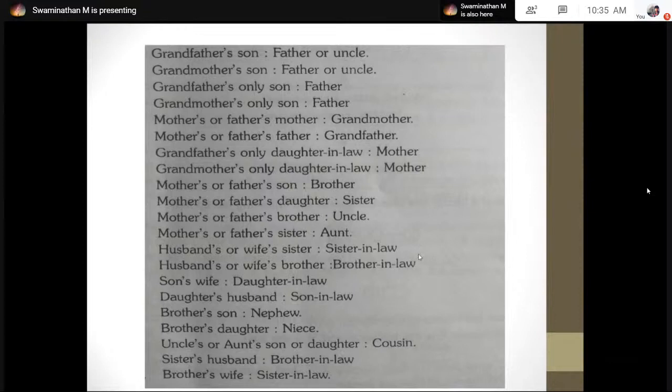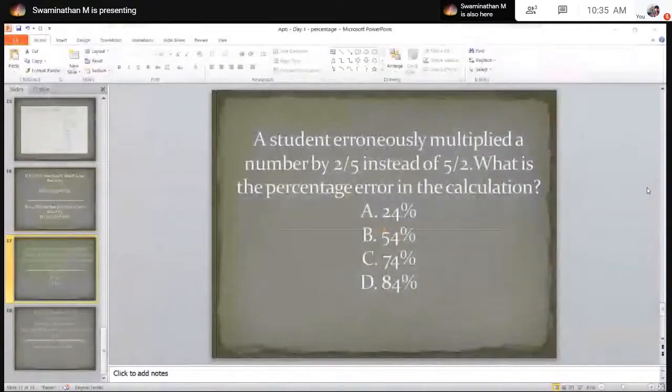I will be back in a few minutes with the calendar part of quantitative aptitude. Until then, if anyone has any queries or questions regarding percentage, you can send them in the chat.